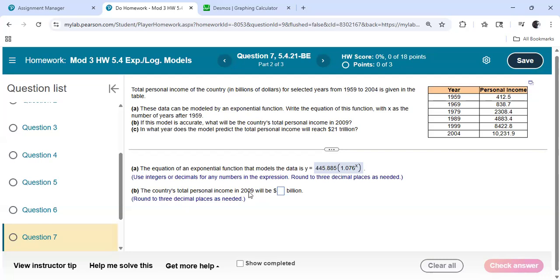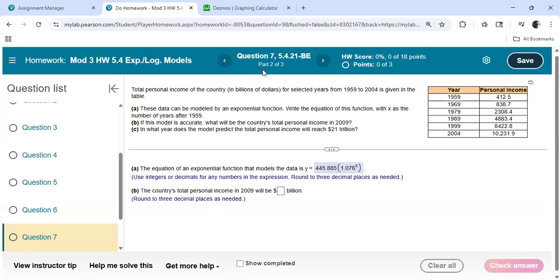If you take 2009, subtract 1959, that's 50 years. Or you could notice that it's only 5 years after the last one in our data set. Remember, our last X value is 45, so we add 5 to that, so it's 50. So I need to evaluate this when X is 50.